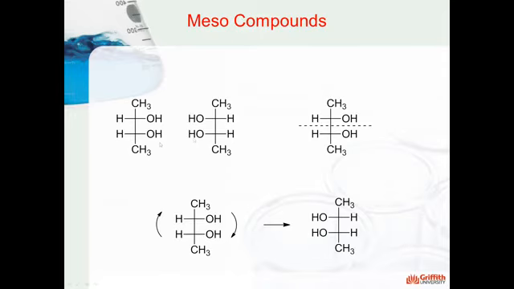So these two are mirror images of each other, but they are also superimposable. Because of this plane of symmetry, these two molecules are identical, and so this is called a meso compound. So it does not rotate plane polarized light.